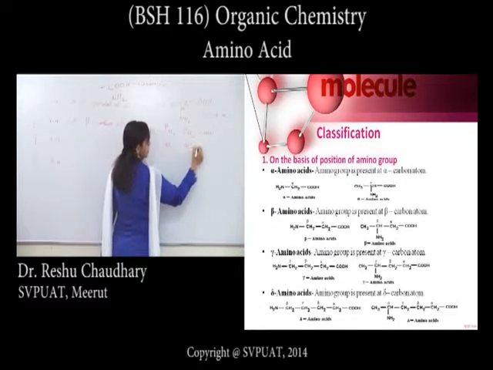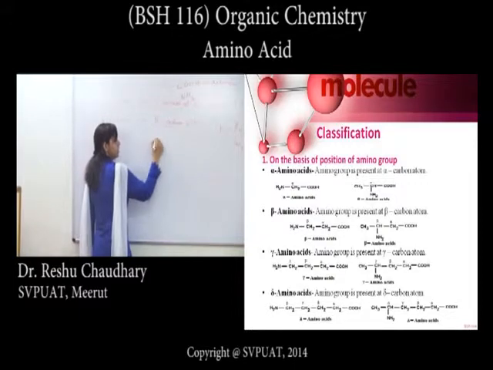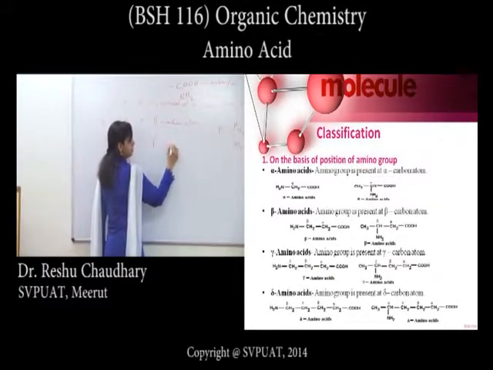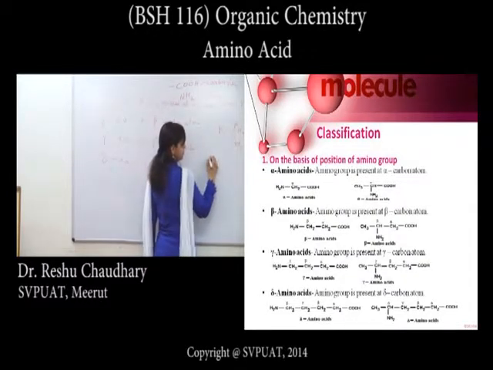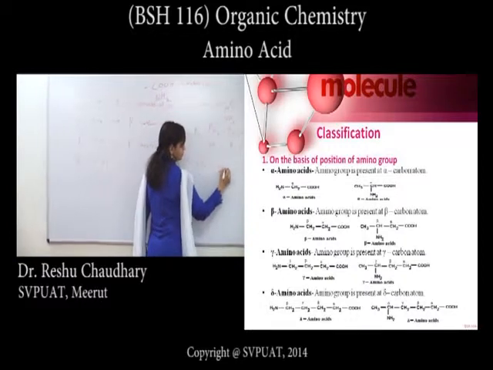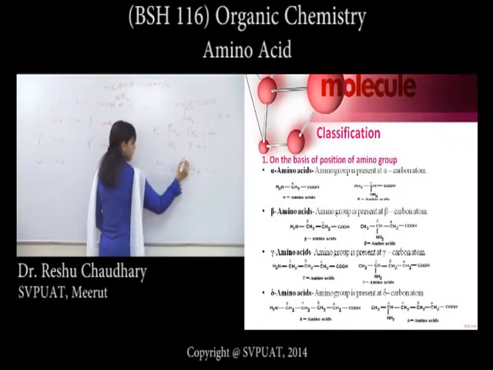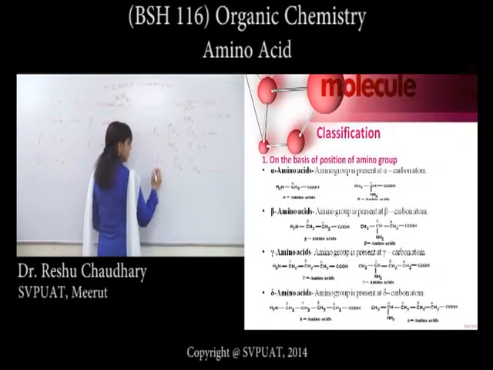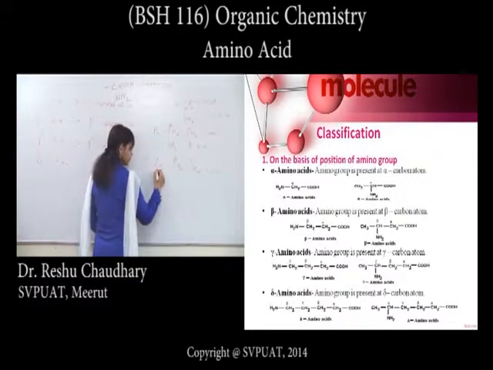These are known as beta amino acids. And when the amino group is present at the gamma carbon atom, these are known as gamma amino acids. Alpha, beta, gamma, that means the third carbon from the carboxylic acid group.